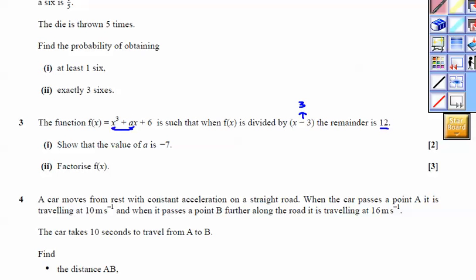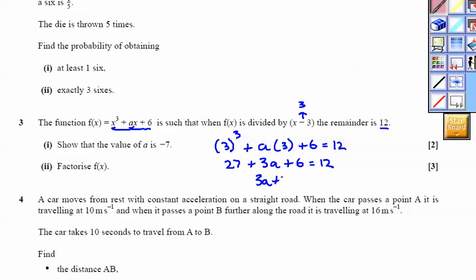So I'm going to rewrite this here to give us 3 cubed plus A times 3, plus 6 equals 12. 3 cubed is 27, plus 3A, plus 6 equals 12. I'm going to simplify, so I'm going to be left with 3A plus 33 equals 12.